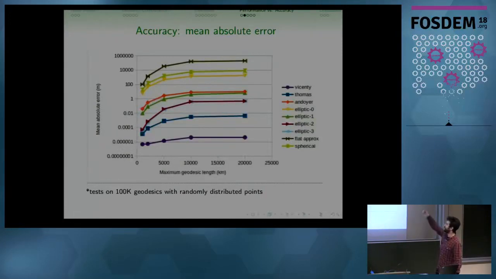Then it's Andoyer formula together with some elliptic variation, and then we go to spherical, and at the end the least accurate is the flat Earth approximation, which, as you can see, can have an error of several thousand meters, so several kilometers.